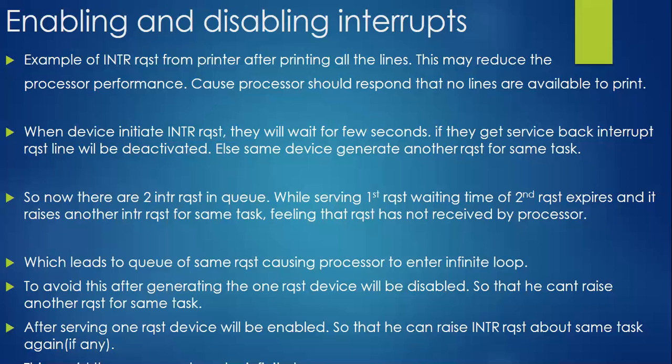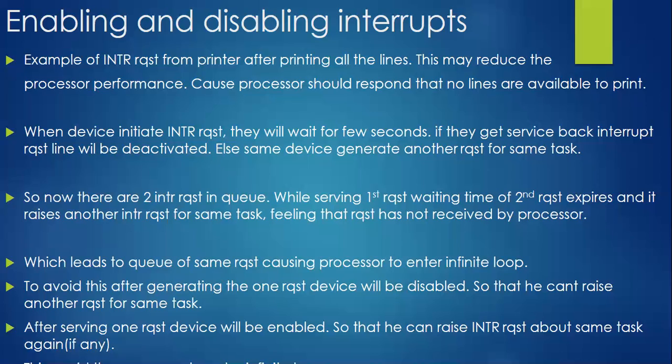But if not, like if the processor is busy with some other task and is unable to provide a service for that particular interrupt request, then the waiting time of that interrupt request will expire exactly. So that's why the last sentence states: else the same device generates another request for the same task.